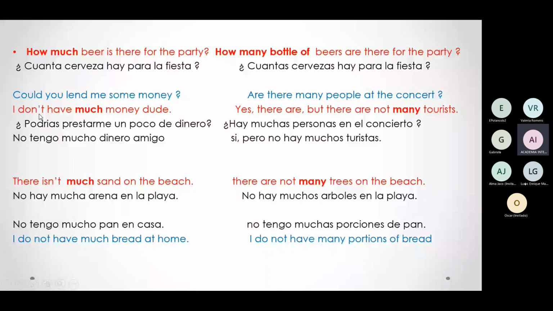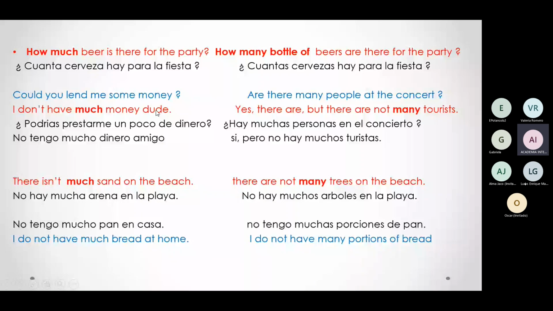So, is this a negative or an affirmative sentence? Negative. Negative sentence, because I'm saying I don't have much money, and I'm using a quantifier here. Much, mucho dinero, with this uncountable noun, con este sustantivo incontable.